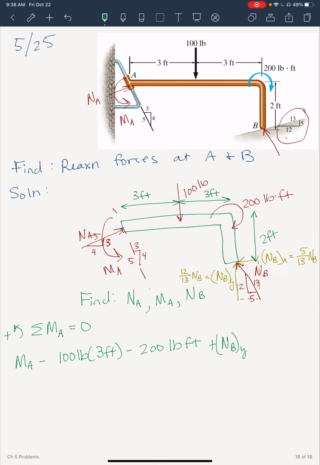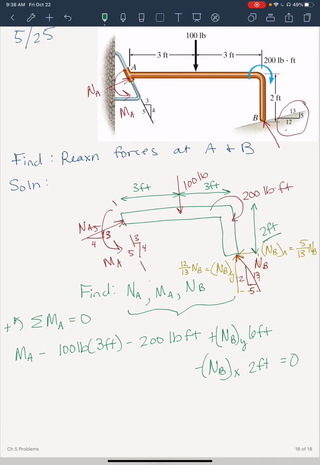And then that moment arm is going to be basically this distance, which would be the 6 feet. And then we have MBX, which will give us a negative moment, so minus MBX. And that moment arm is going to be this here, that 2 feet. That's going to equal 0.